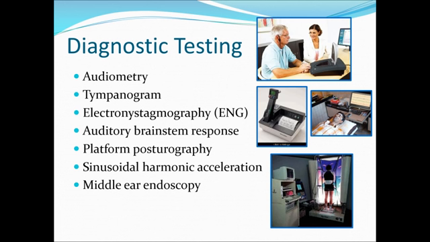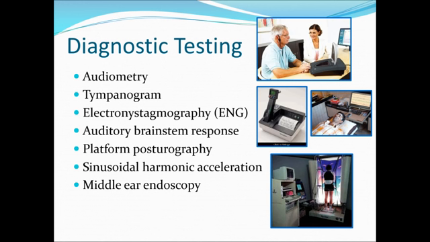For diagnostic testing, audiometry is the most common thing that you'll see. That is the measurement of hearing acuity, and it evaluates frequency, the highness or the lowness of tones, and those are expressed in hertz. Intensity of sounds is expressed in decibels, and the threshold is the lowest level of intensity at which pure tones in speech are heard by the patient.